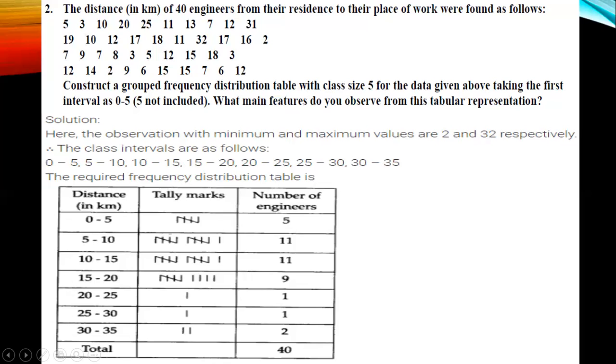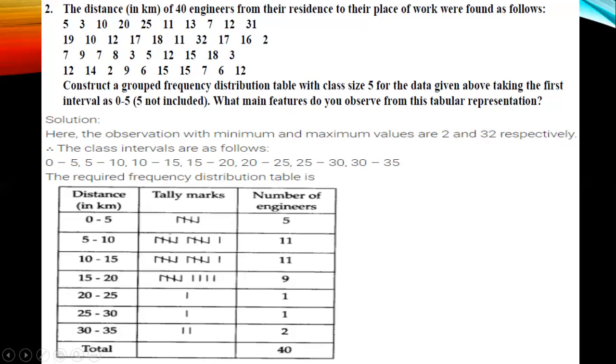And as suggested, we'll begin by taking the first class interval as 0 to 5. Now, since it is mentioned in the question that 5 does not have to be included, it clearly indicates that we have to have a continuous class interval.